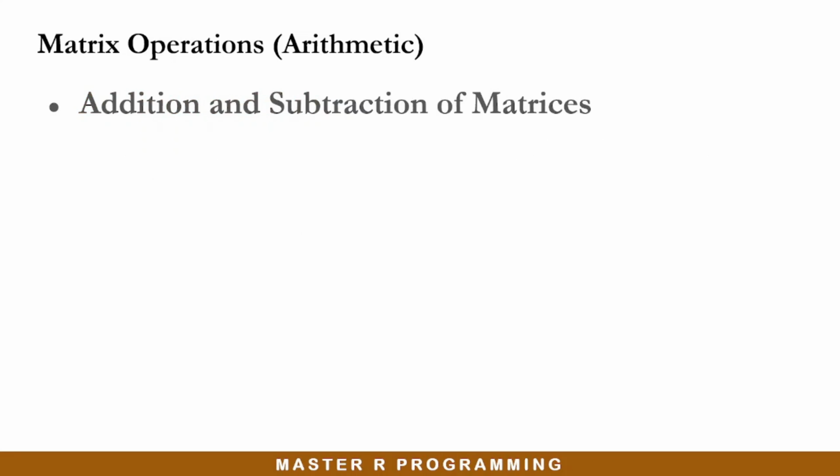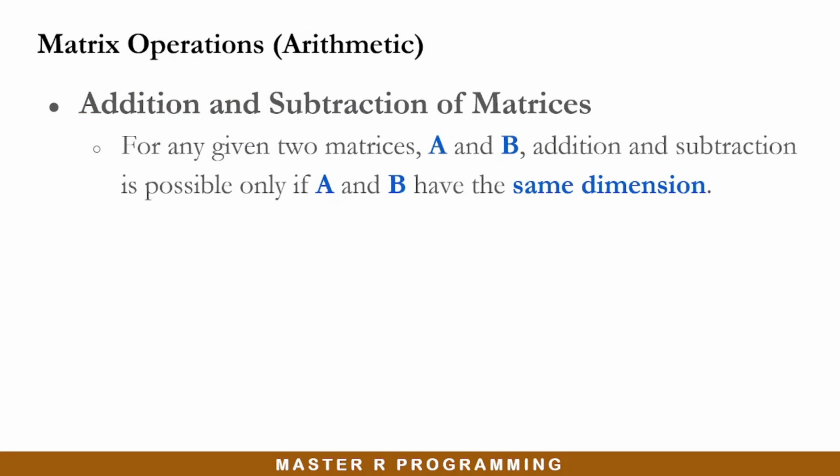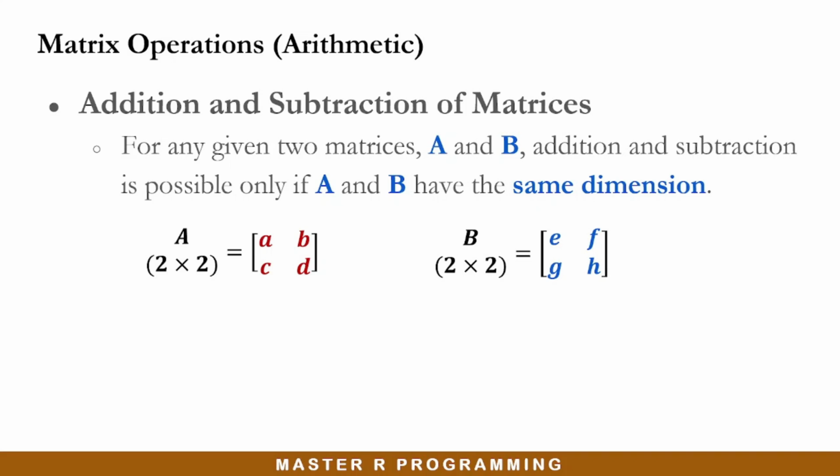We are going to look at addition and subtraction of matrices first. For any given two matrices A and B, addition and subtraction is possible only if A and B have the same dimension. For example, if you have matrices A and B of the same dimension 2 by 2, then you can go ahead and add and subtract these matrices.